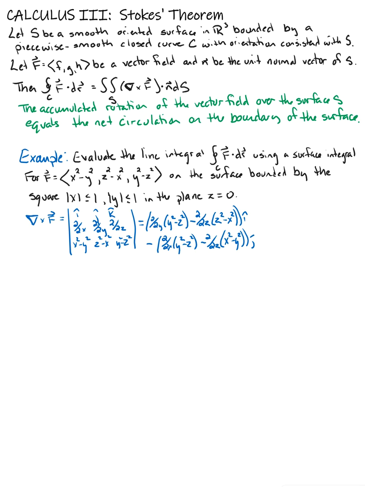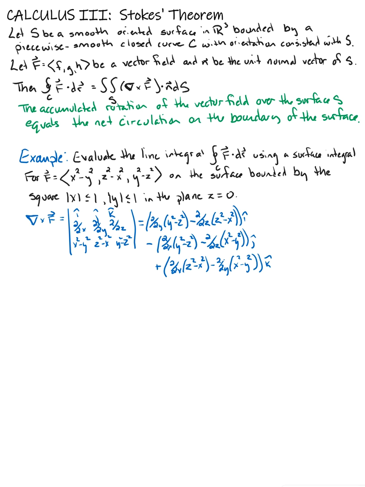Here's our j component, plus k component. That will be the partial with respect to x of z squared minus x squared minus the partial with respect to y of x squared minus y squared. And there we go, that's for k.